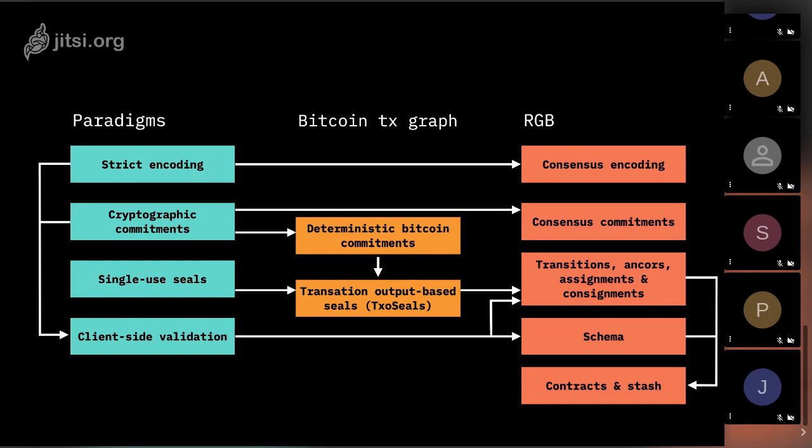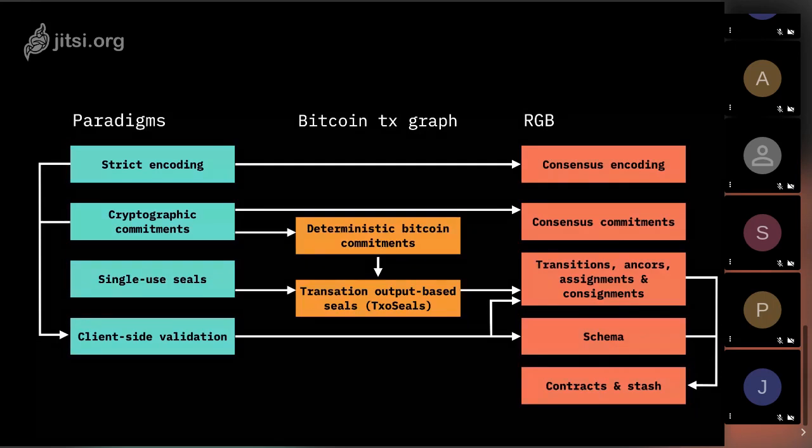And there could be multiple contracts working together. And all these contracts, histories, and related data constitute what we call a stash. And a stash is actually all the data related to client validation of RGB data that's owned and held by a specific party, for instance, a wallet.